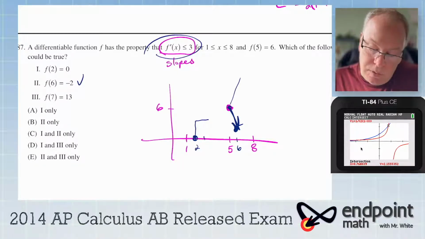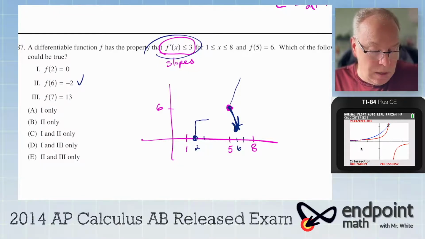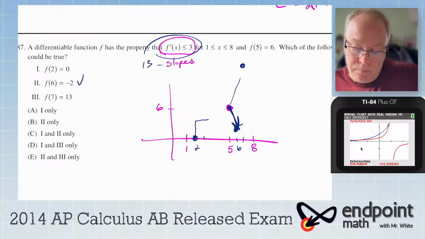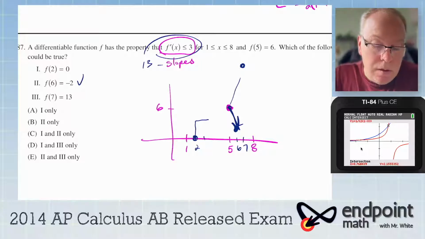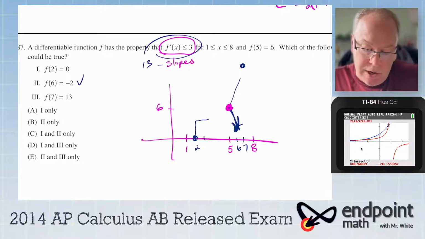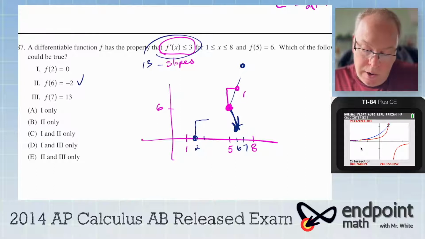All right, so what about f of 7 being 13? Way up here at 13. Could f of 7 be 13? Well, if we start here at 6 and we go up 3 over 1, we're now at 6, 9.